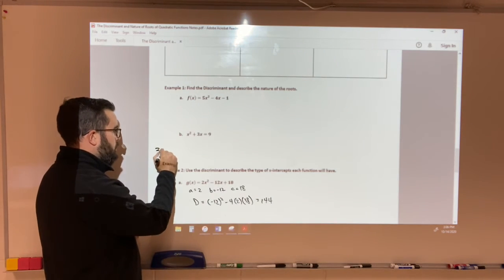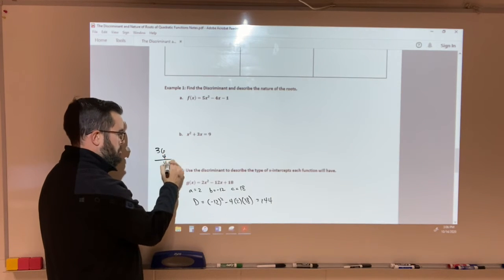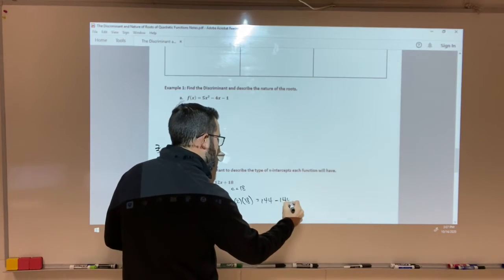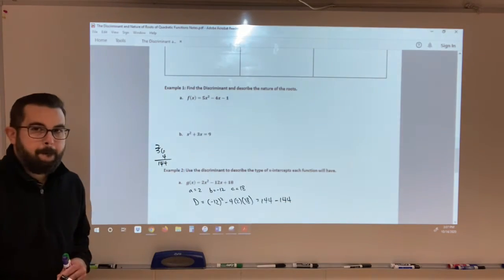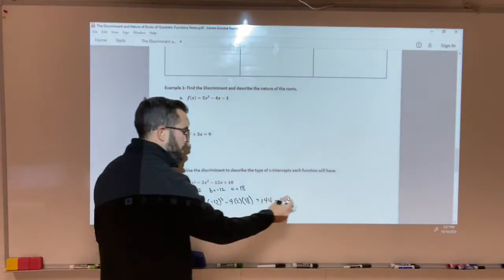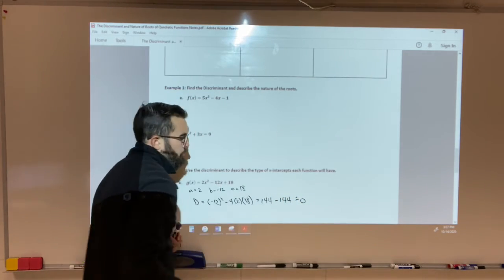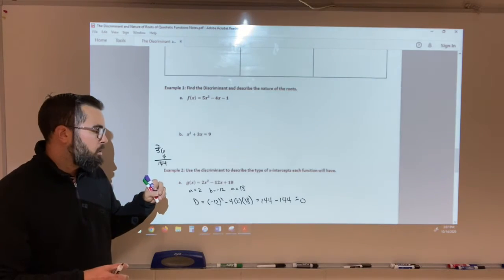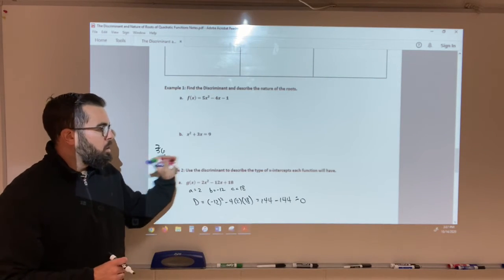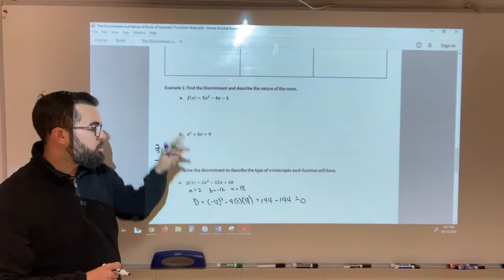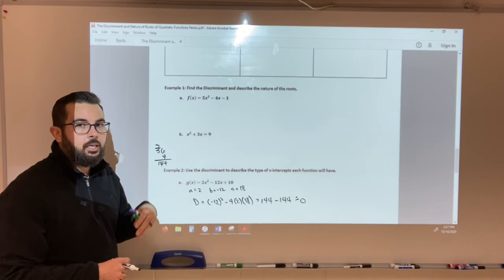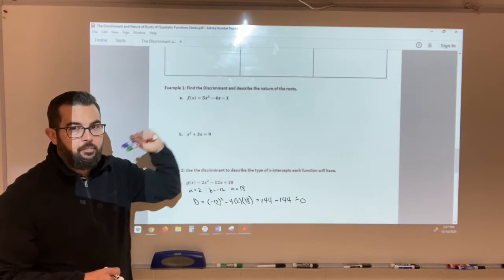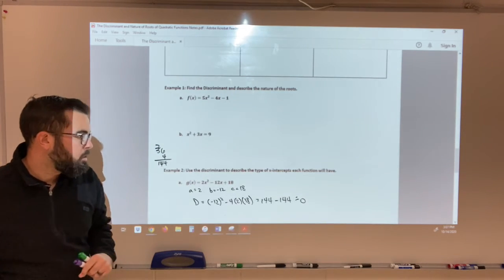I didn't do this beforehand. It's also 144. And 144 minus 144 is 0. So, according to our chart up here, if the discriminant is 0, then it's going to have 1 real root, which, according to our graph, is going to have 1 x-intercept.